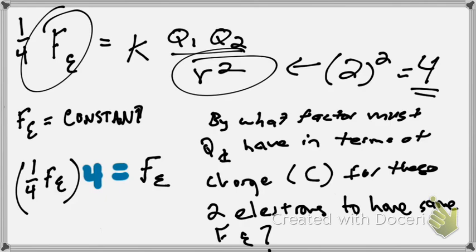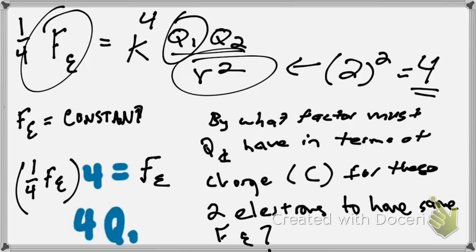And how are we going to do that, okay? Well, we have to multiply Q1 by 4. All right? So the answer will simply be 4Q1. That will be the answer.